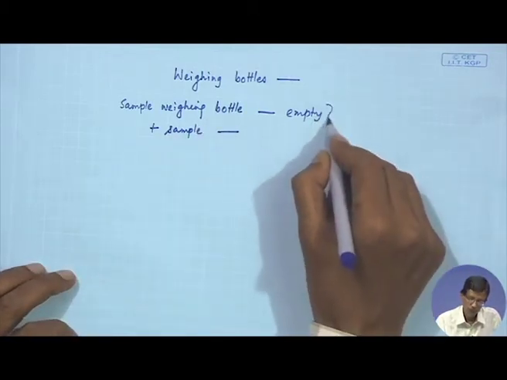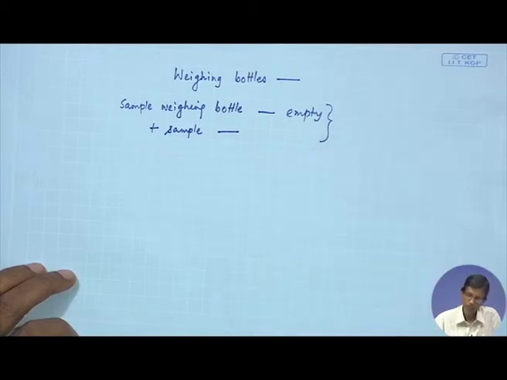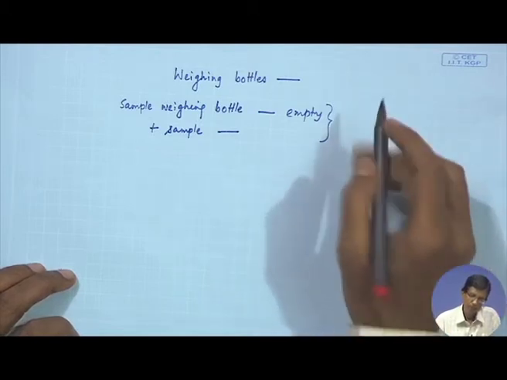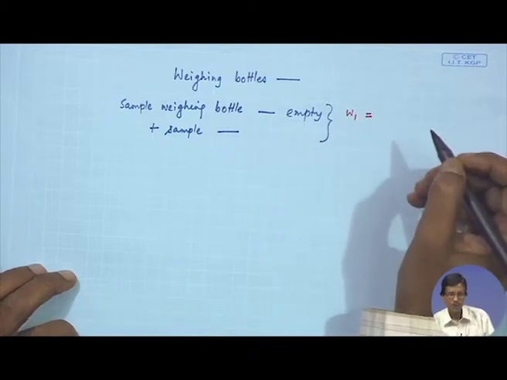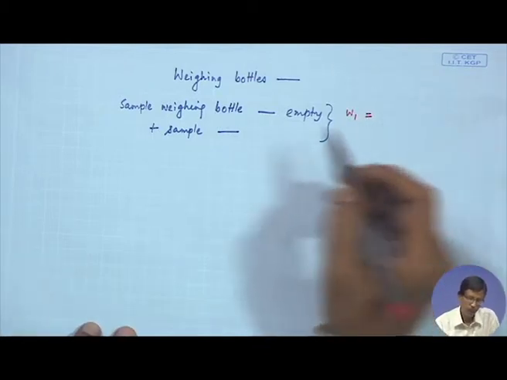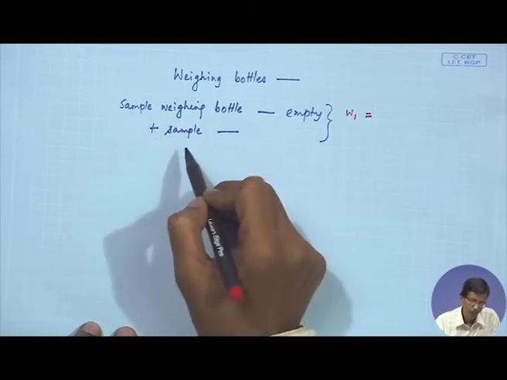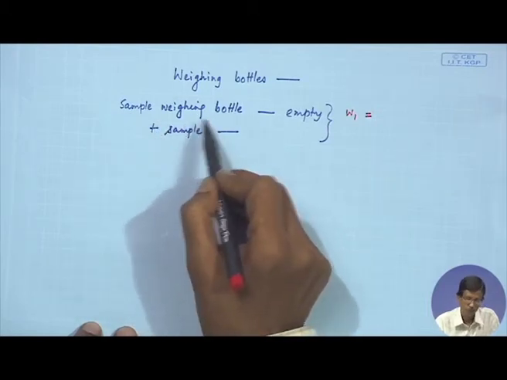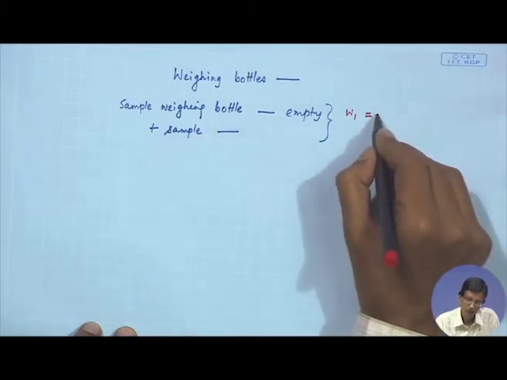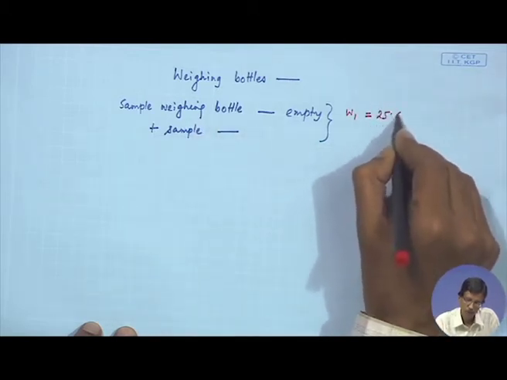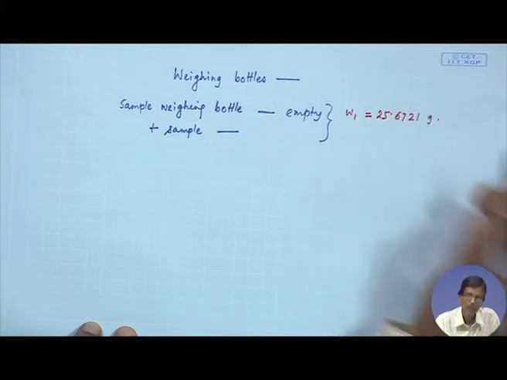So, if we take the initial weight, that means W1, what is that? W1 will be the weight of the sample plus weighing bottle. So, it is a certain amount of grams, say 25.6721 grams, say.